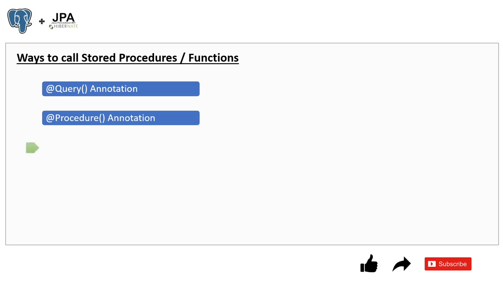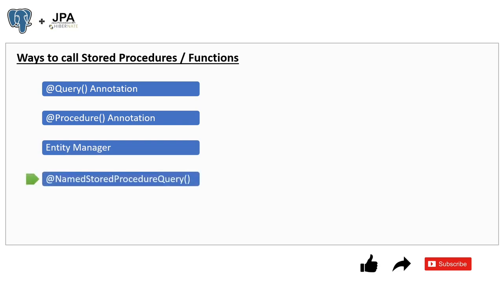We can use entity manager to call stored procedures. And lastly, we will see how we can use the @NamedStoredProcedureQuery annotation to define our stored procedure and how it overcomes the limitation of the @Procedure annotation. So let's begin with the @Query annotation first.